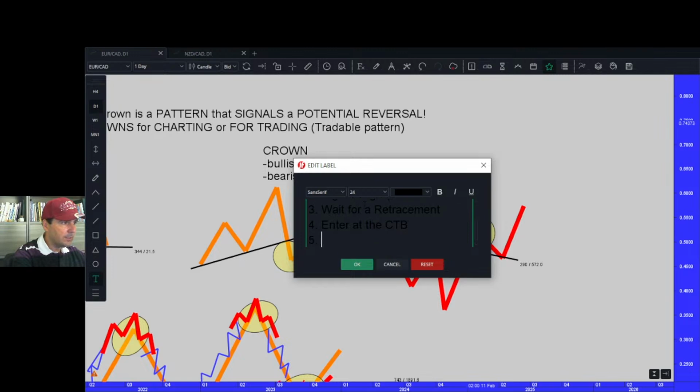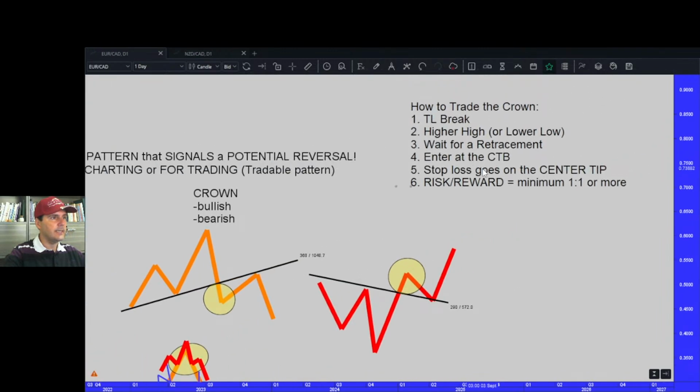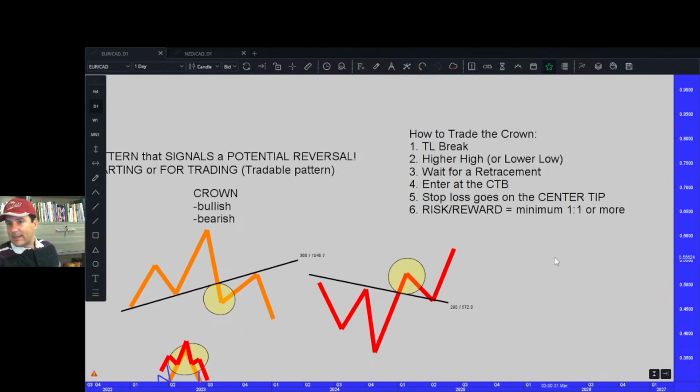Number 5, stop loss goes on the center tip. Number 6, risk reward, minimum 1 per 1 or more. Everybody, take a screenshot of this and type in the chat done. Take a screenshot, photo, whatever.